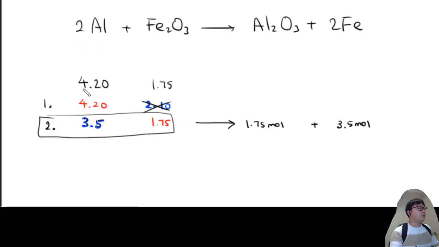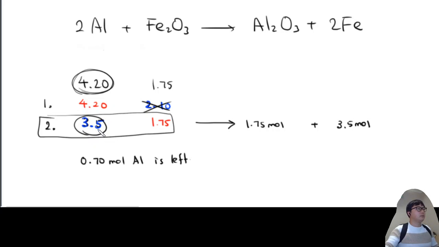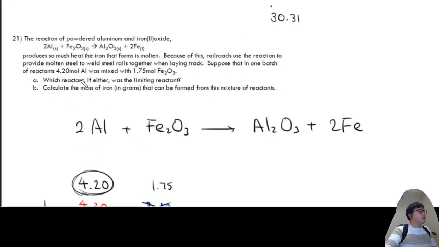And therefore, out of 4.2 mole, 0.70 mole of aluminium is left. Okay? Just have to do that. So you used to have that many mole, but you're going to be using that many mole, right?